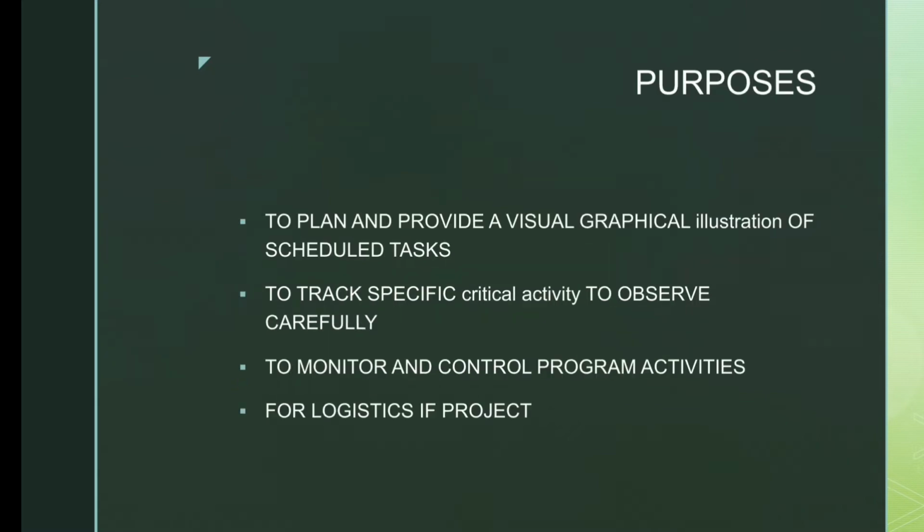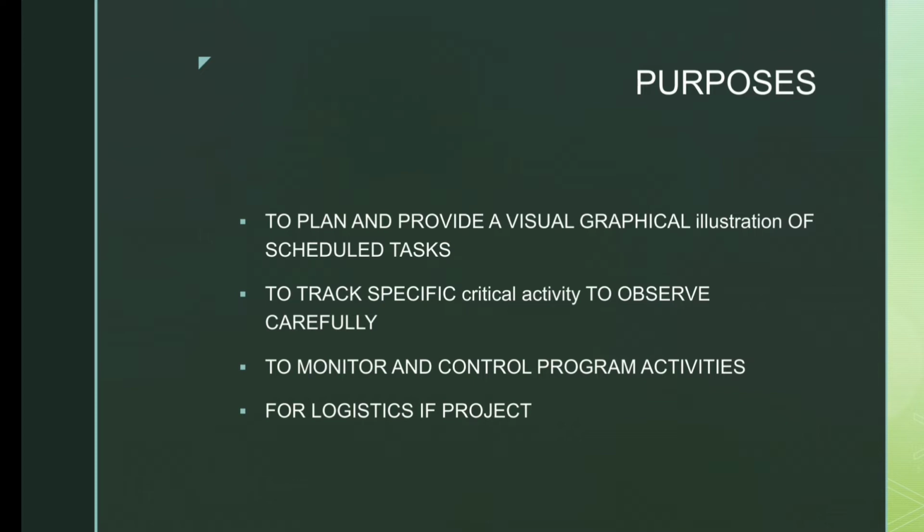I think it's clear. Now we can see the purposes of the Gantt chart. First, to plan and provide a visual graphical illustration of the schedule or task activities. Visually we can see how the program is going on, what the duration is for a particular program, and what events they are going to perform.